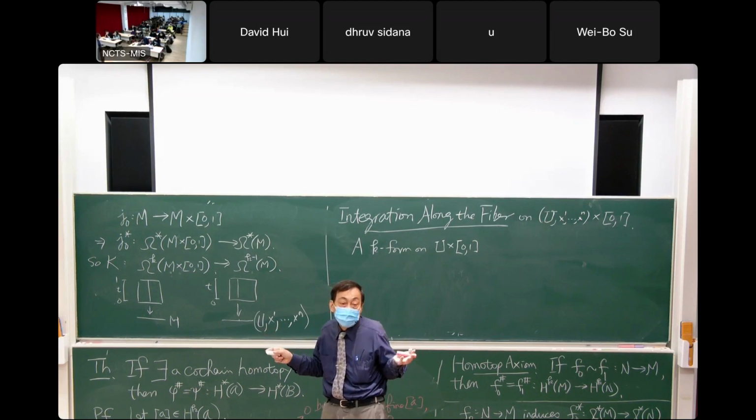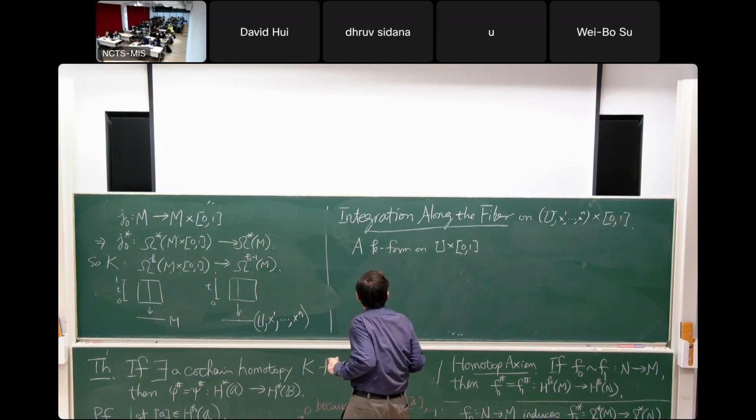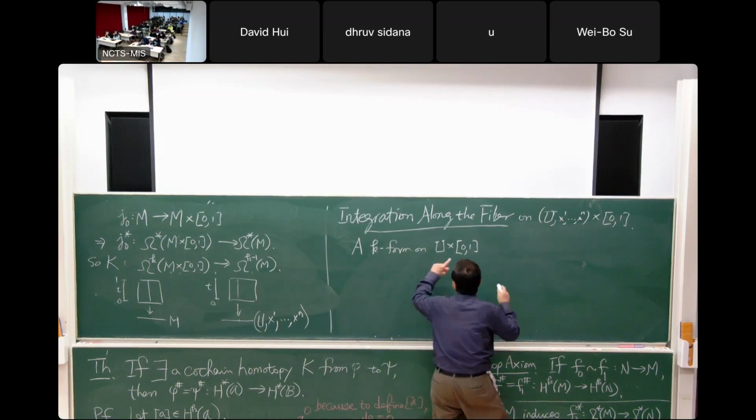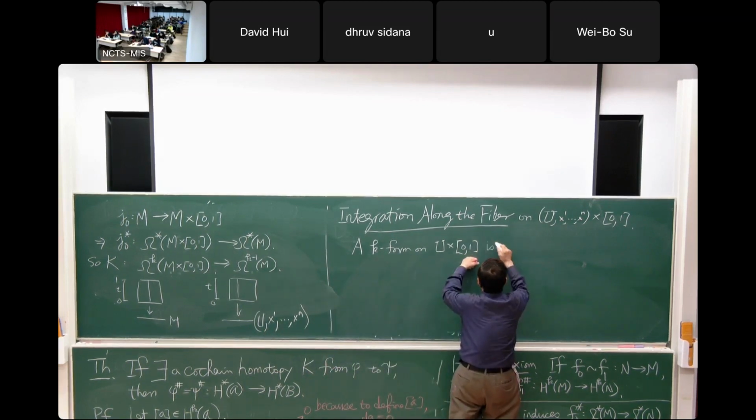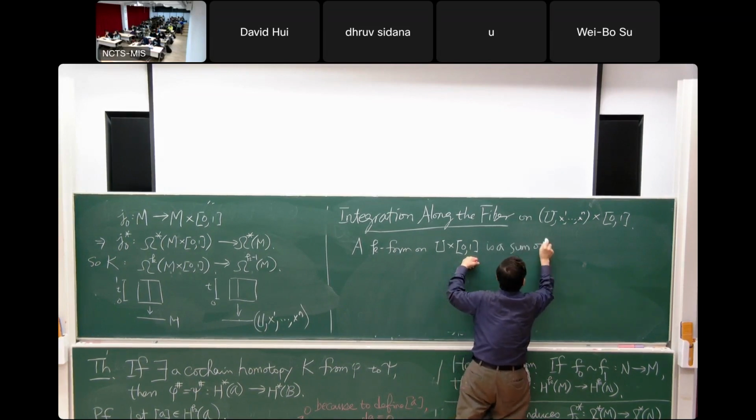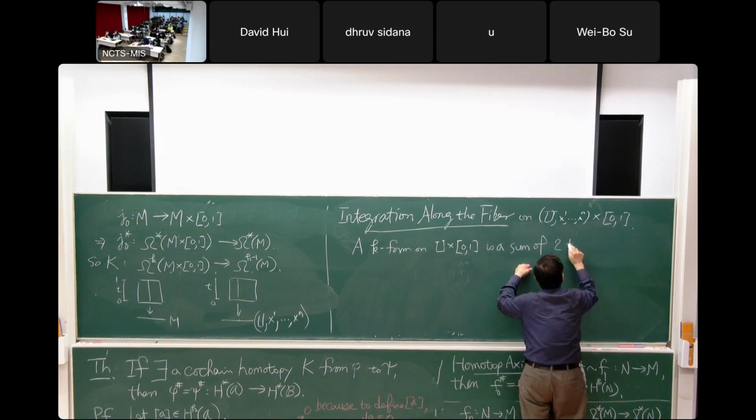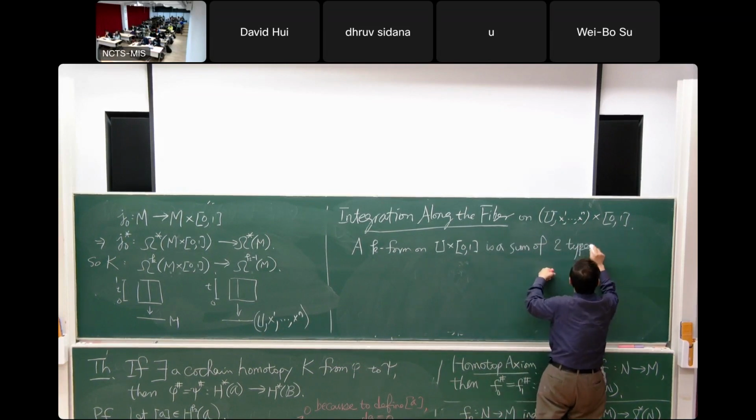It either has dt in it or it doesn't. So a form on this product is a sum of two types of forms.